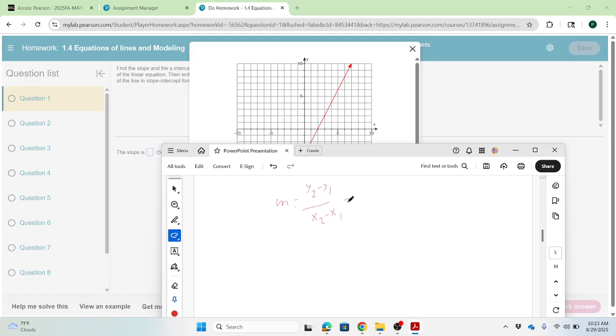These are the 2 points you need. So I'm going to pick this point, 2 comma 0. You can pick any points from this line. Another point I'm going to pick is 3 comma 2. So now using this formula, y2 is 2, y1 is 0, x2 is 3 and x1 is 2, so that's 2 over 1, which is 2. So the slope of this line is 2.